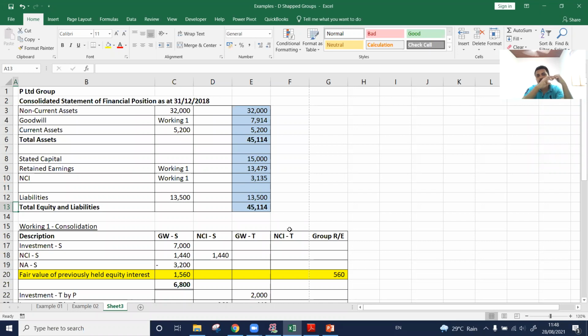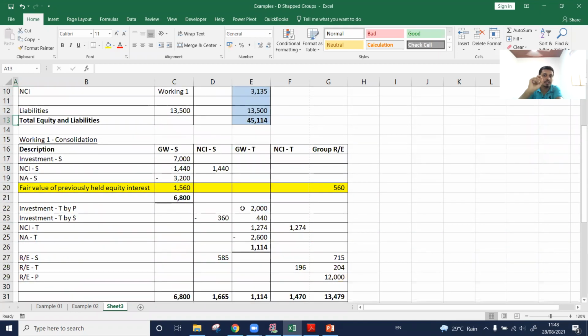And then with respect to assets and liabilities, what we have done, line by line addition. Stated capital now, we have considered the parent company's year-end amount. Then we need to determine the goodwill generated through the acquisition. So here in this case, we have acquired two companies, S and T. So for S, we need to compute the goodwill separately, and for T, we need to compute the goodwill separately.